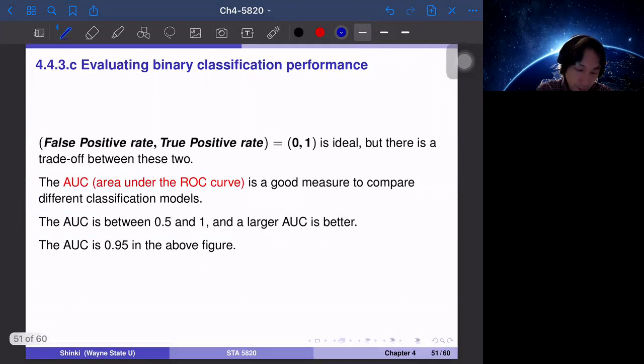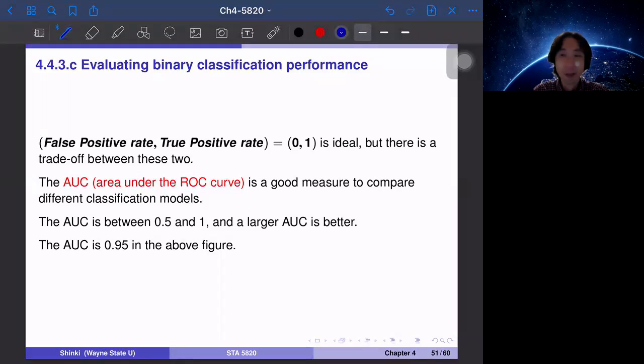If you use several models, for example, logistic regression and linear discriminant analysis for two groups, and you want to compare these two models, you need some way to compare them. AUC and ROC curves are good measures. You can do the analysis by logistic regression, then make the ROC curve and AUC.